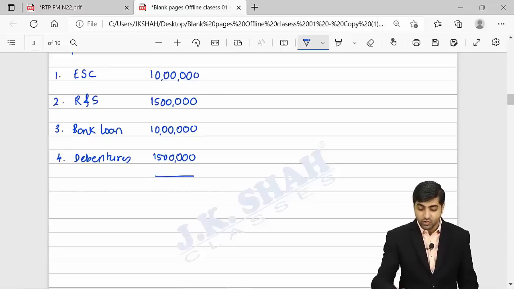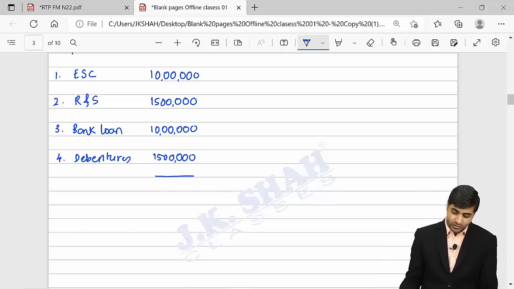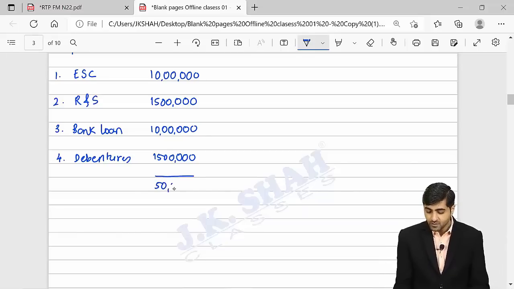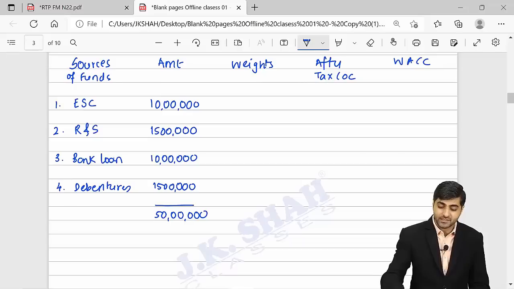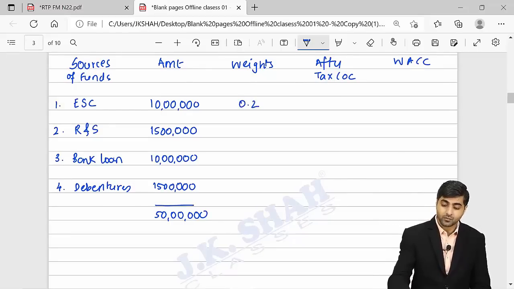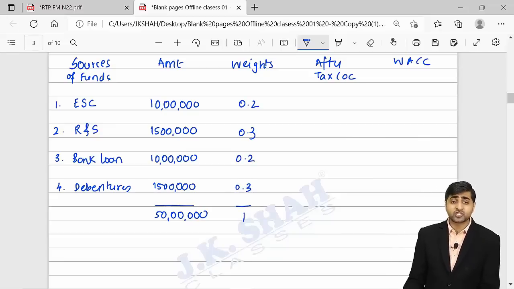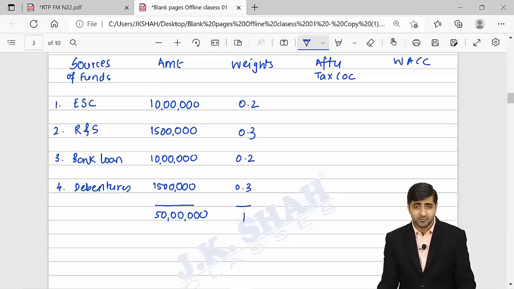If you do the total of this, 10 plus 15 plus 10 plus 15, we get the total as 50 lakh rupees. And this will help you to calculate your weights. So this will be 0.2, 0.3, 0.2 and 0.3. So your proportions we now have readily available.